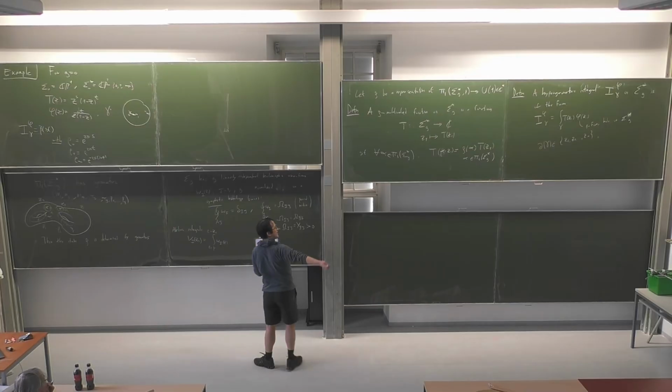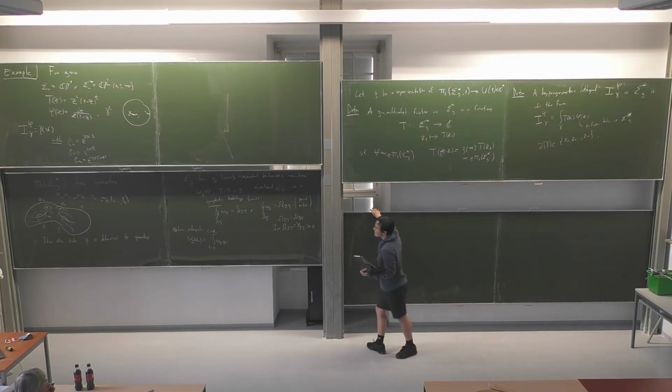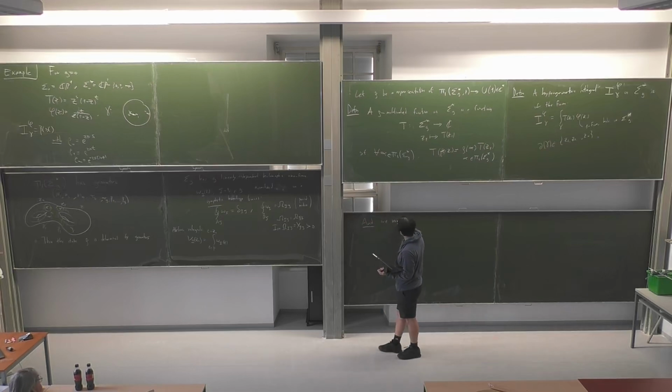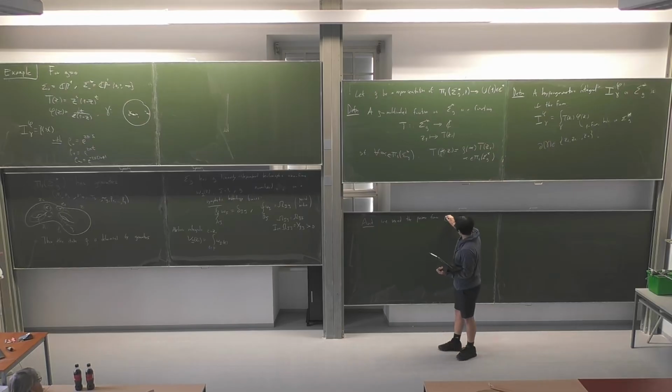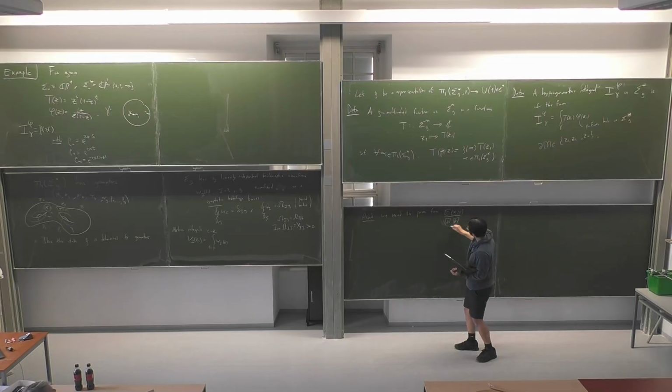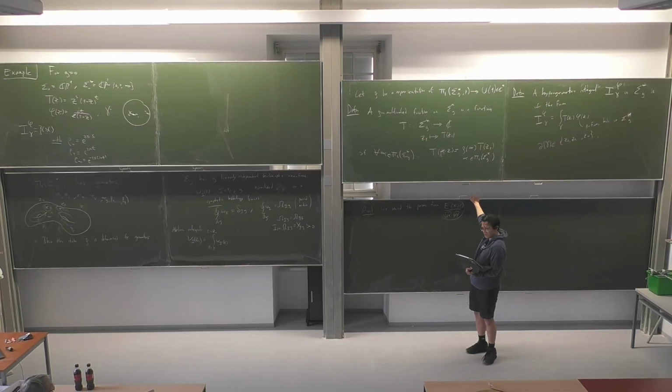And last but not least, we will need what is called the prime form on a Riemann surface. So the prime form, I write it with the E. So this thing here is something, a very funny but useful gadget in the theory of Riemann surfaces.